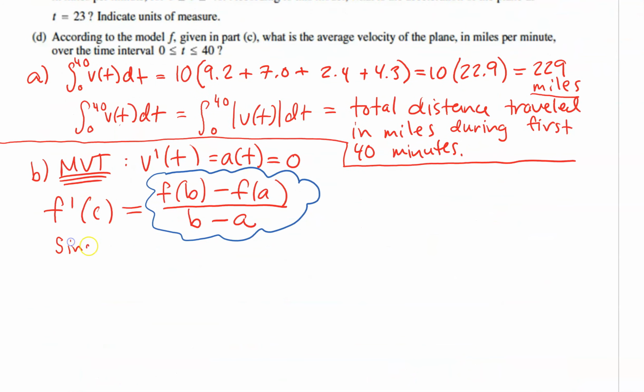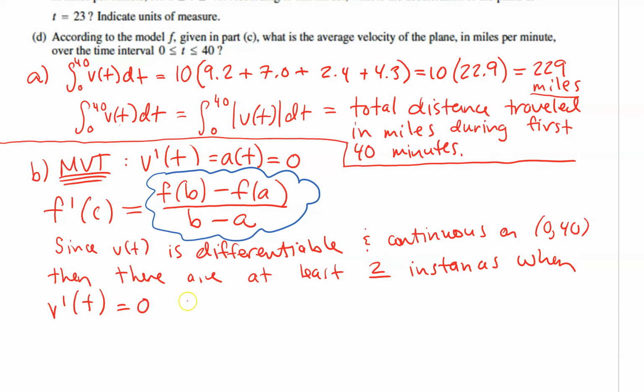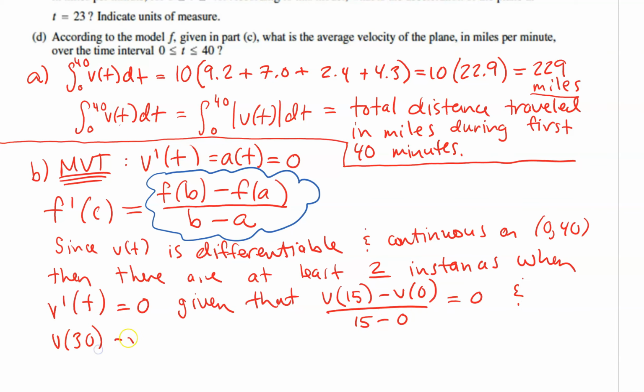Since velocity is differentiable and continuous on the interval 0 to 40, then there are at least 2 instances when v prime of t would be 0, given that v of 15 minus v of 0 all over 15 minus 0 is 0, and v of 30 minus v of 25 all over 30 minus 25 is equal to 0.